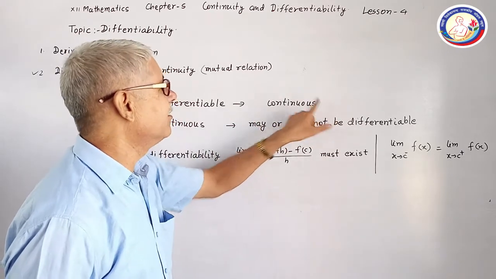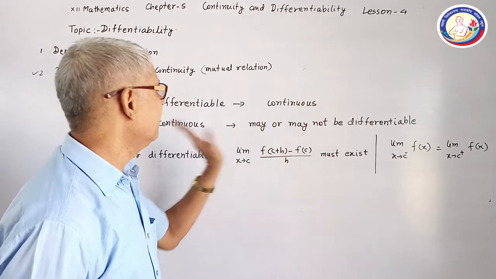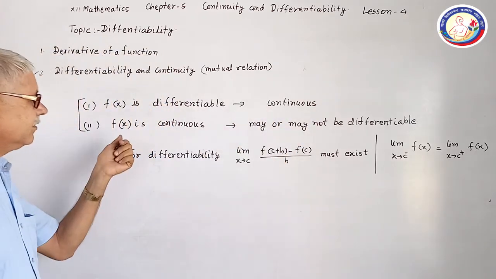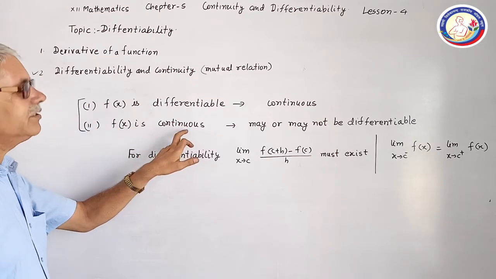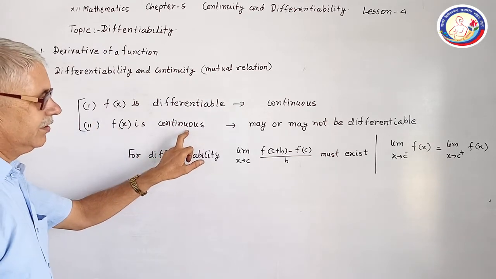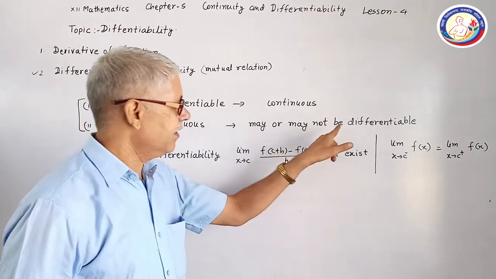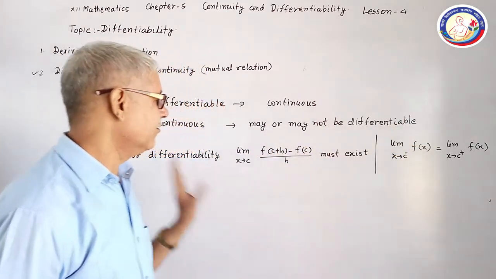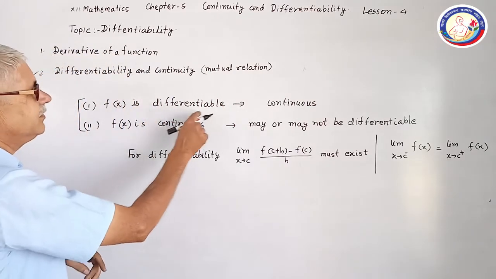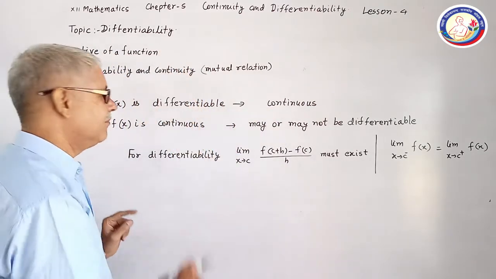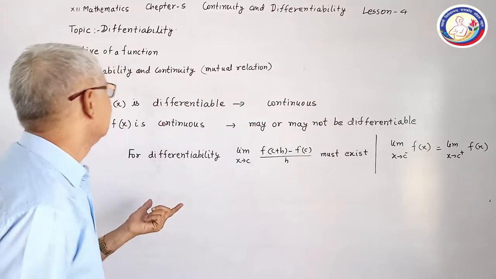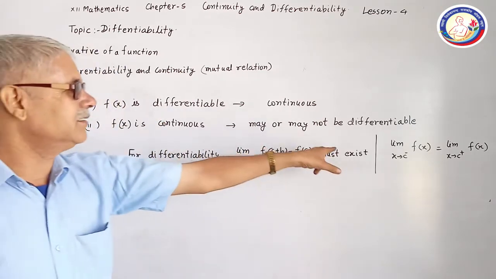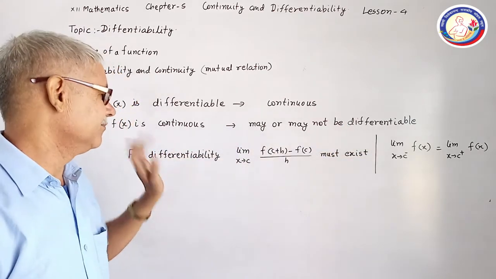Now, if the given function is continuous at any point c, then it may be differentiable or may not be differentiable. The conclusion is every differentiable function is continuous, but a continuous function may be differentiable or may not be differentiable.